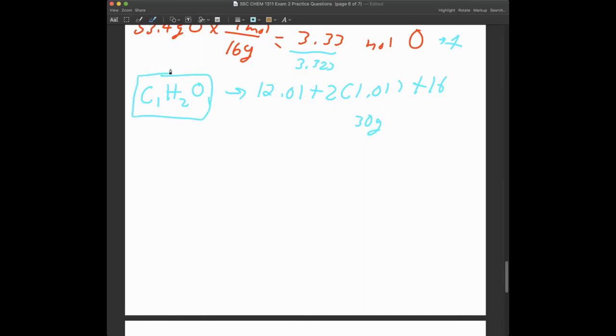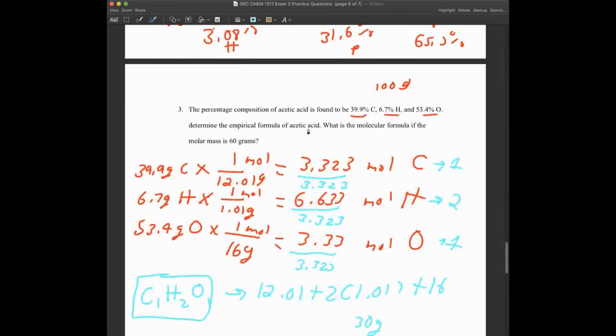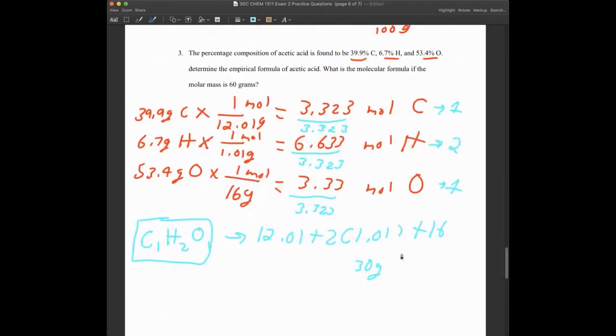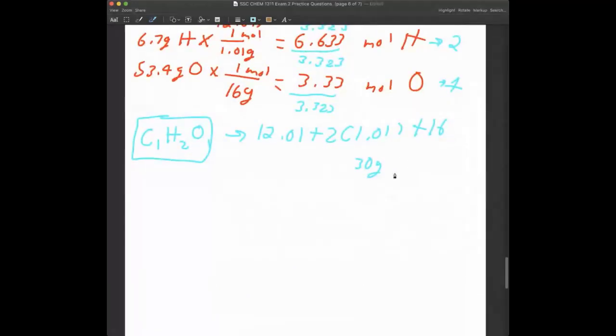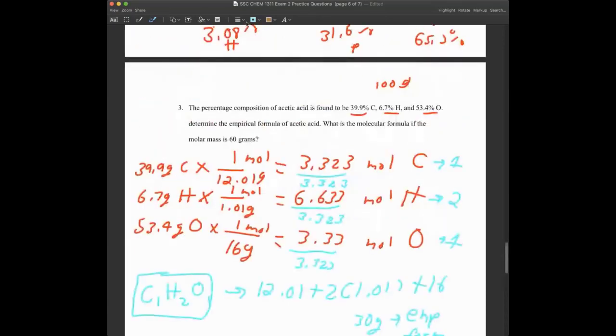So this is one part of the problem that we found, and it also asks us, okay, we found the empirical formula mass, right? And in this problem, we are given that the molar mass is 60 grams. So what do I have to do in order to find it? Multiply by 2 so we can get the 60 grams. Yeah, perfect.